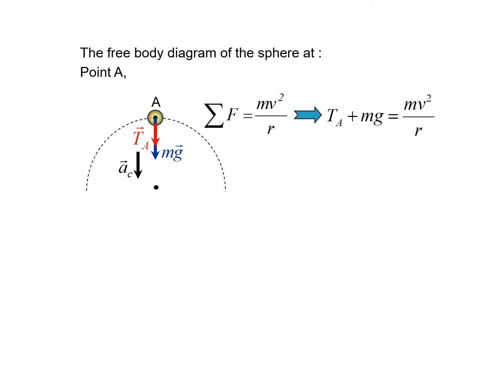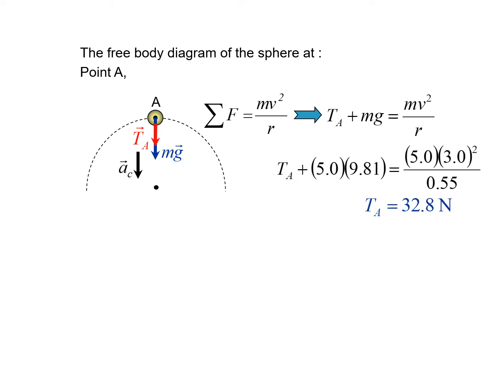Since T and weight are in the same direction as the acceleration, T plus weight is equal to the centripetal force mv squared over r. Solving, the tension is 32.8 Newton.